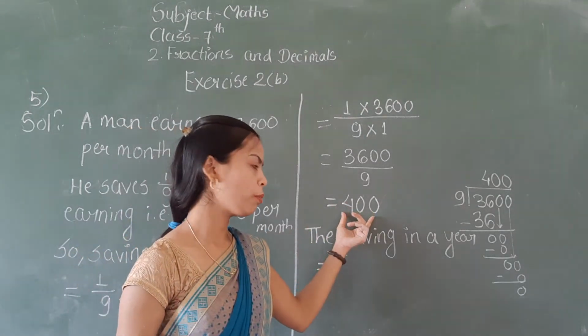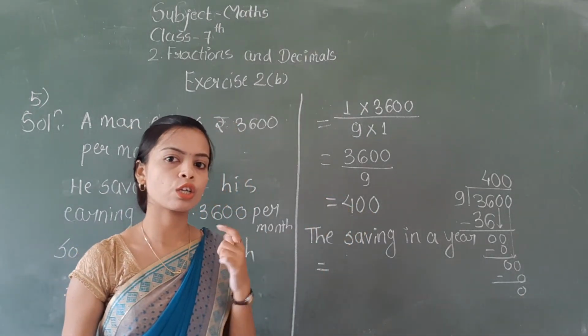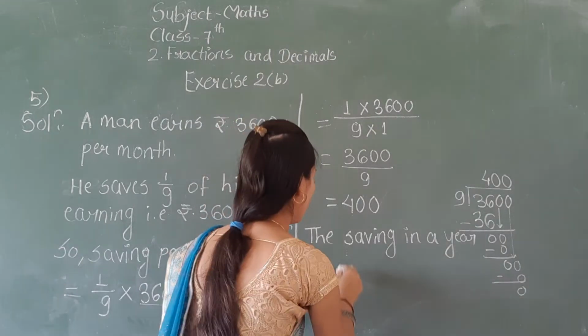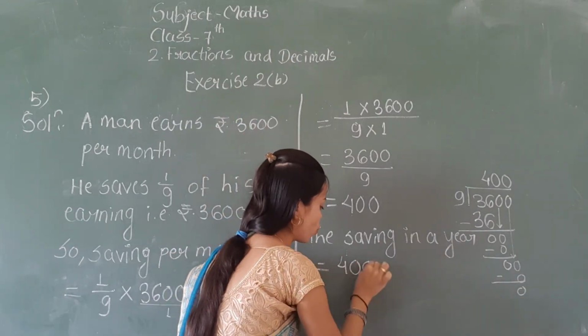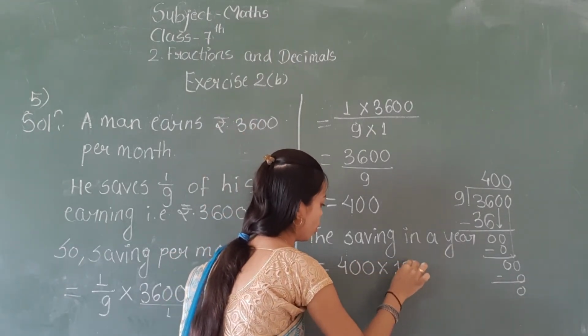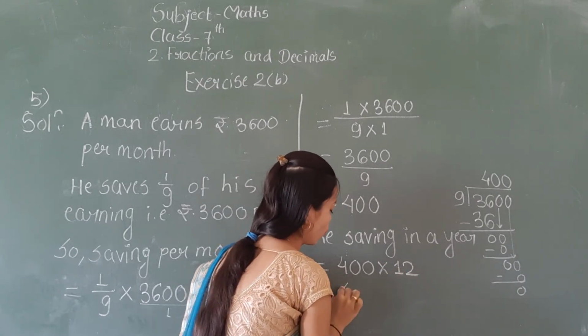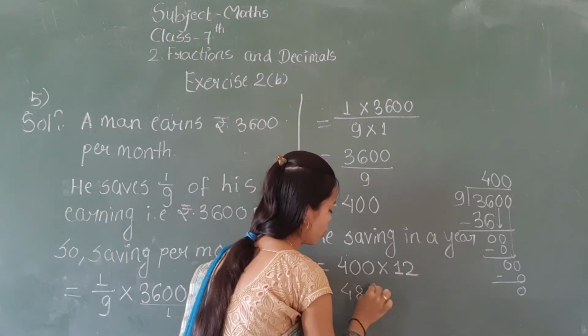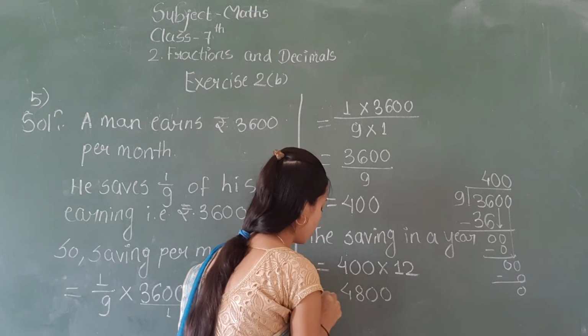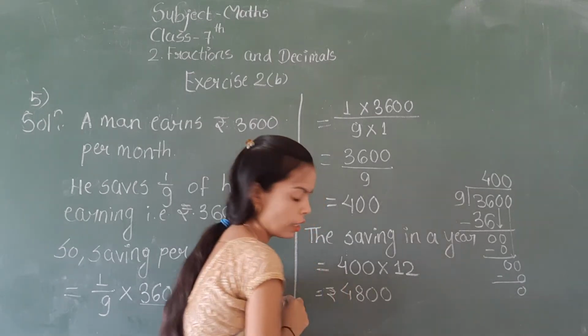So if 1 month में अगर हम 400 सेव कर रहे हैं, so in a year we save 400 into 12, that is 4800, or you can write it as rupees 4800.